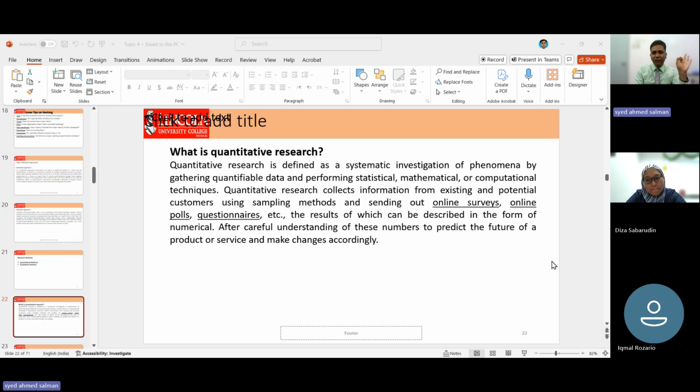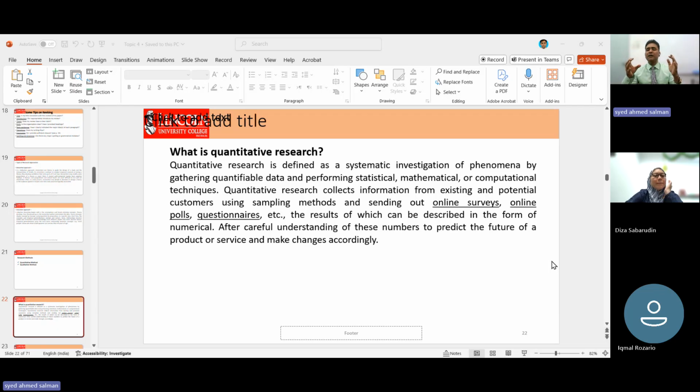The results of which can be described in the form of numerical data. Whatever results you are getting, whatever results you are achieving, in terms of numerical data, after careful understanding of these numbers, you predict the future of a product or service and make changes accordingly.